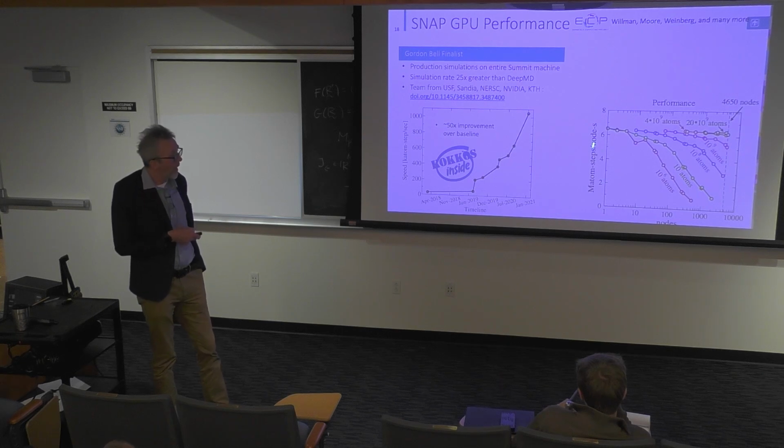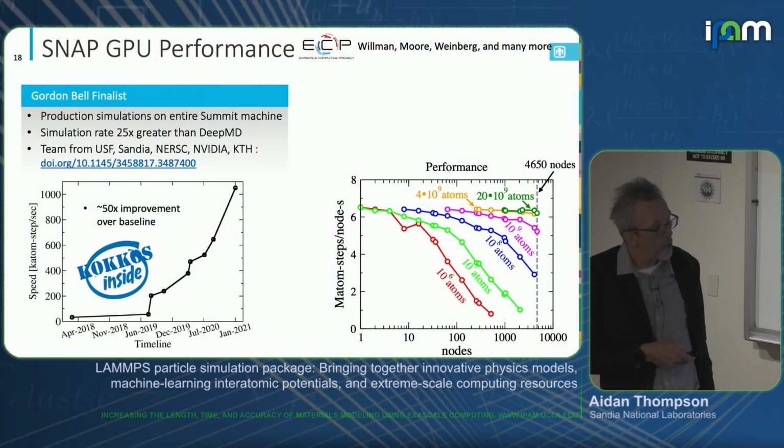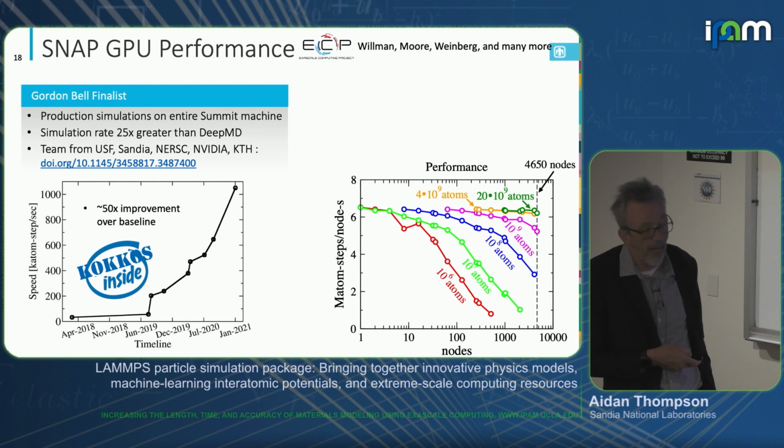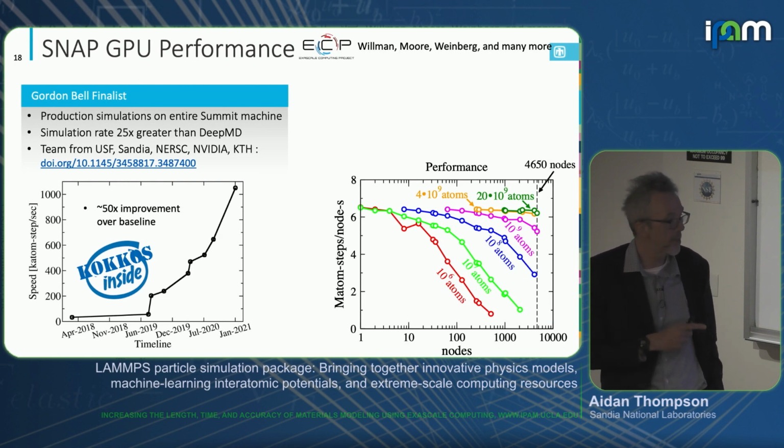So on the y-axis, we're looking at sort of a miles per hour measure of speed, million atom steps per node per second. And for a small system, you start out really fast, and then as you add more and more nodes, your speed drops off, and by the time you get to 100 nodes, you're down to, say, 50% of your maximum speed. But that's for a million atoms, right, which in this analysis is considered small.